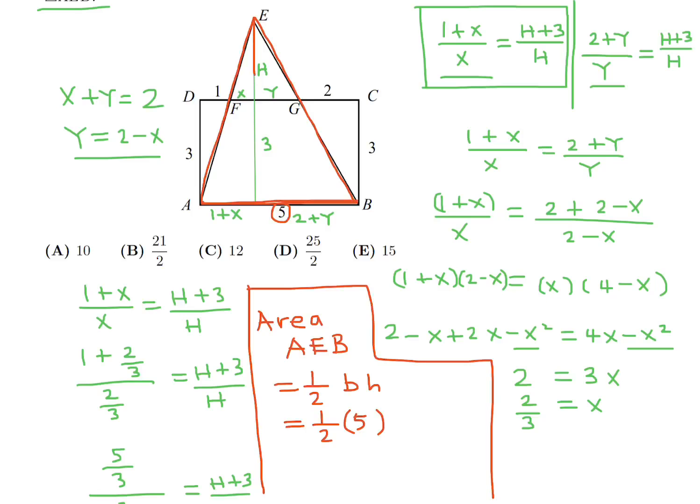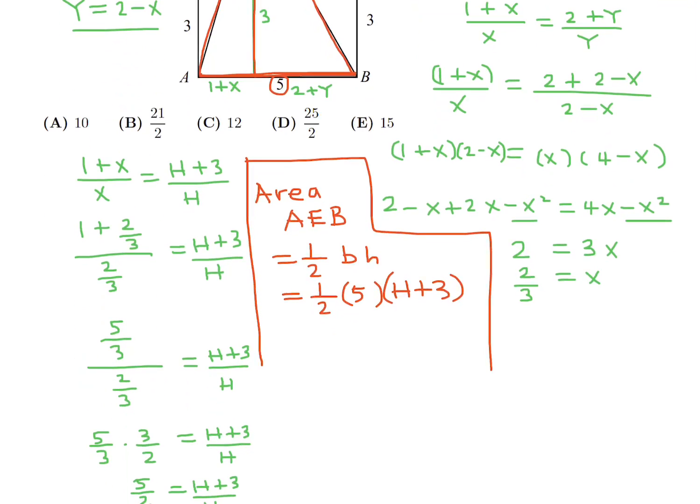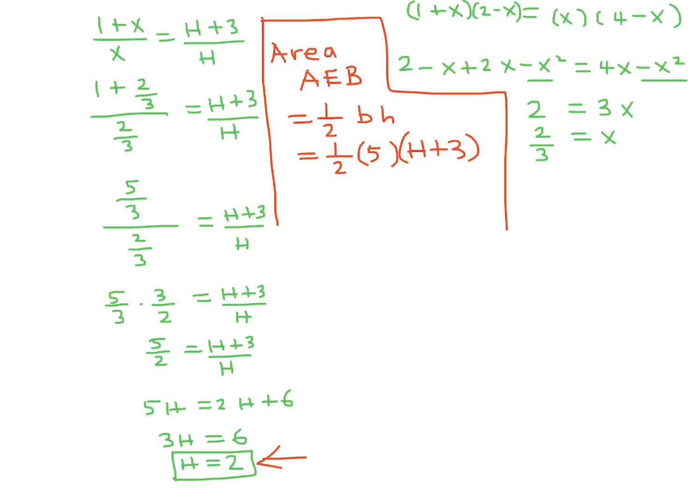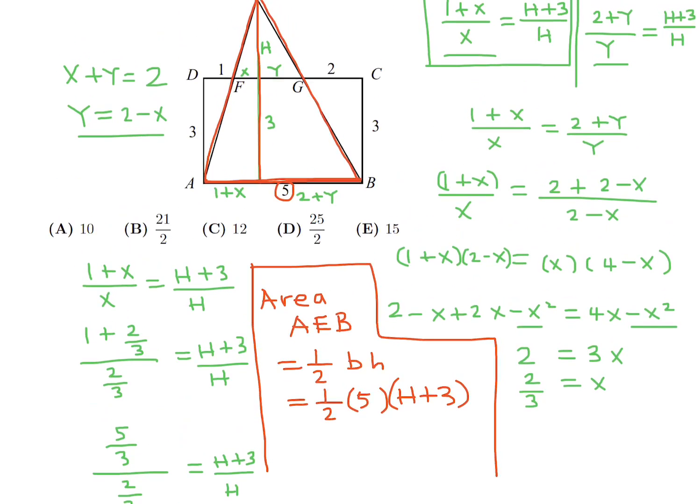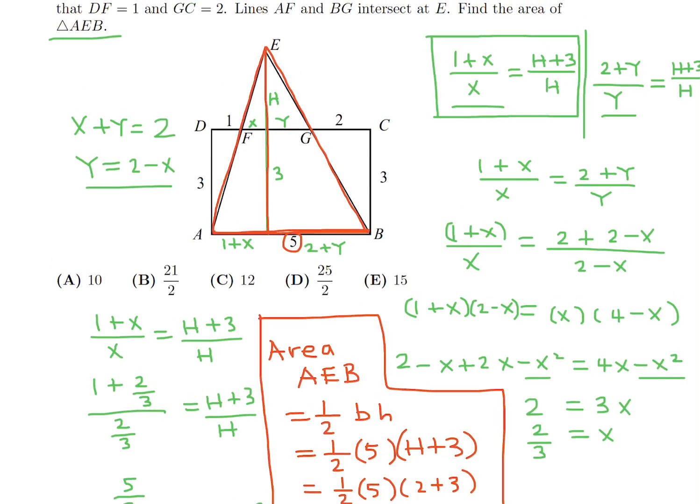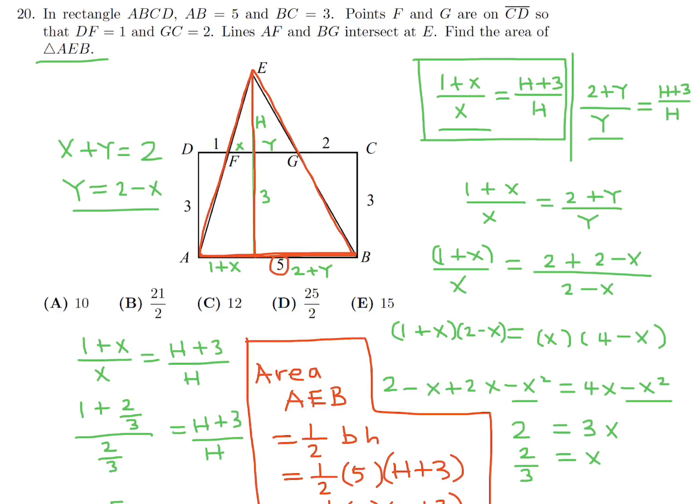And the height is the entire height from top to bottom, so that's going to be h plus 3. H we just calculated down here as 2. So substitute that in there, and we'll get 1/2 times 5 times 2 plus 3. And this looks like 2 plus 3 is 5. 5 times 5 is 25. So 25 over 2 is your area. And therefore, number 20, 25 over 2 is choice D.